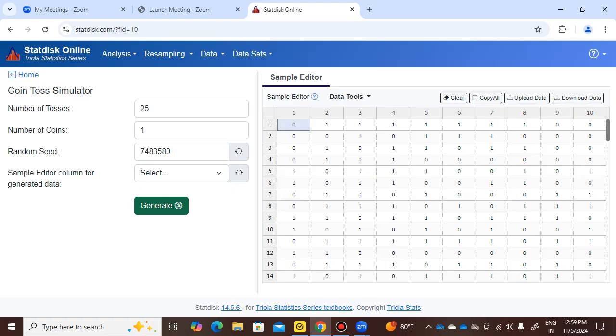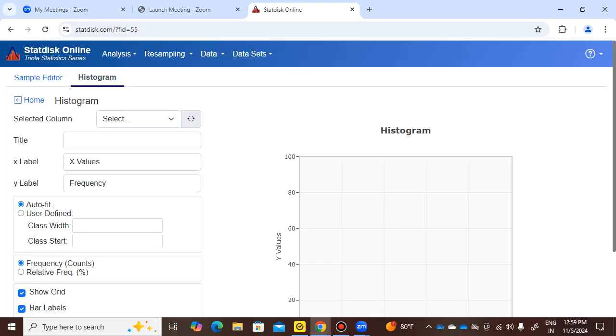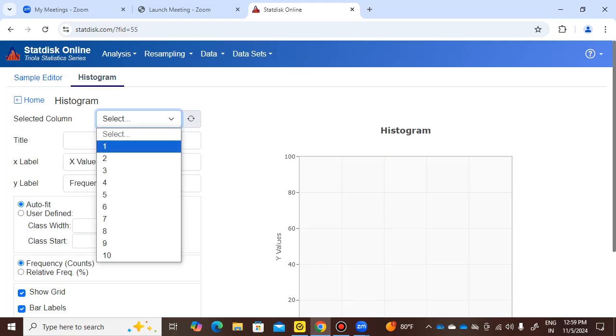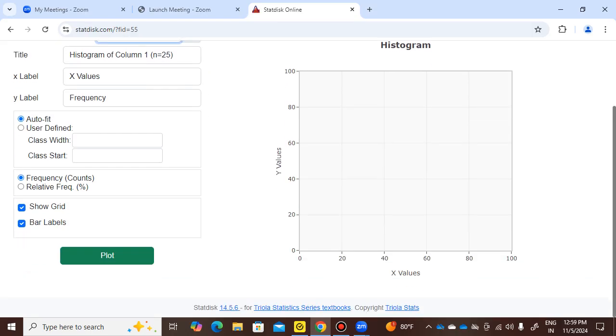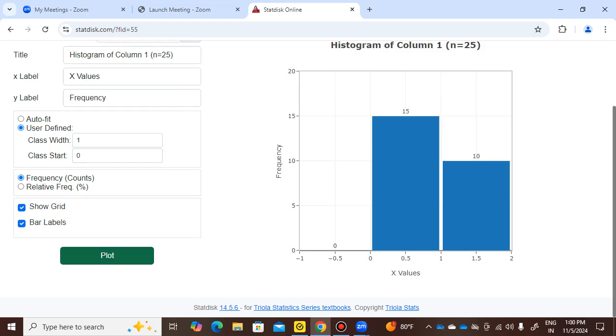We'll count the number of boys, so we're going to count the 1s in each of these. It's probably easiest to just do it by histogram since there's so many columns. So width is going to be 1. Start at 0. You'll just see 2 columns, so you know which one's which.